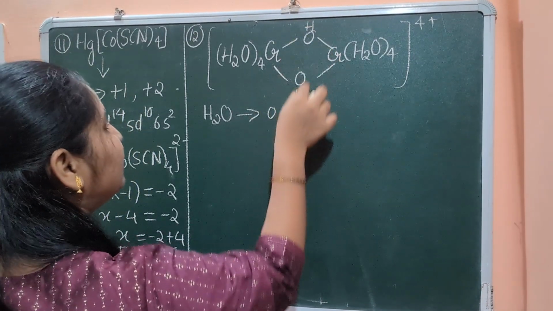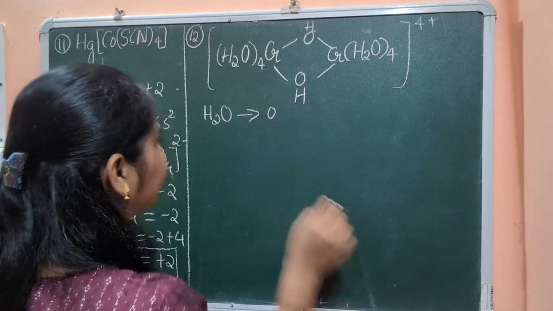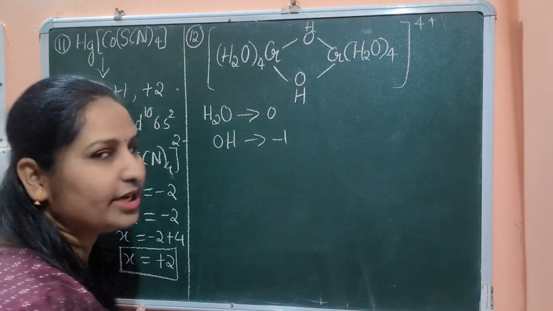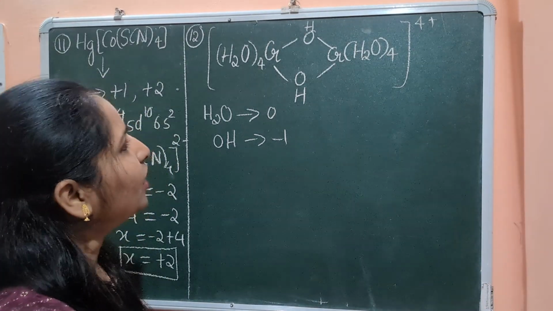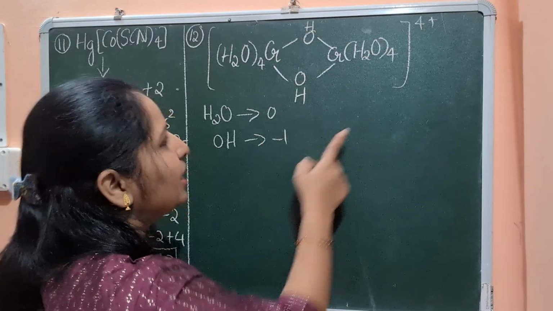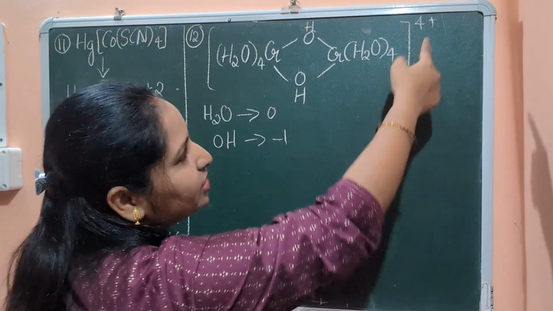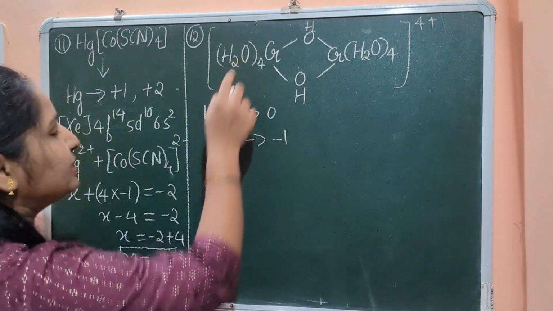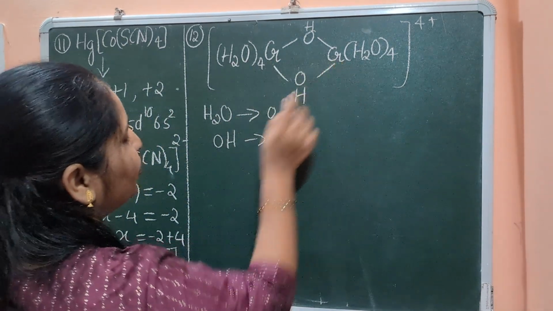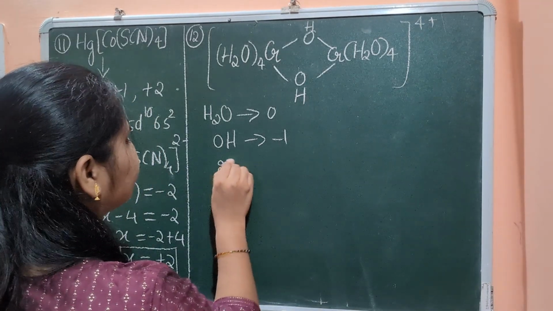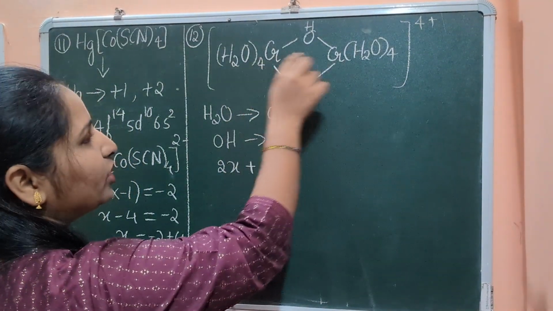Whereas we have another bridging ligand here, 2 OH ligands, and that charge will be -1, that is, negatively charged ligands are present. Now let us calculate the oxidation state of chromium in this case, and the complex charge is cationic with +4 as the charge here. Since there are 2 chromium atoms, let me take it as 2x, plus how many aqua ligands are there?